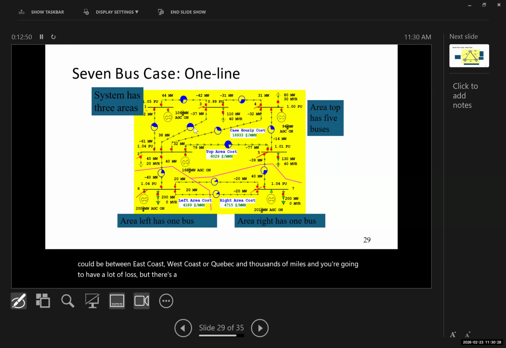You can see that the left area price is lower than the right, and it's significantly lower than the top area, almost half. So there would probably be a lot of demand from the left and right to get power from the top. But again, you're going to have loss, and there are other constraints as well from the transmission line, which I would explain.